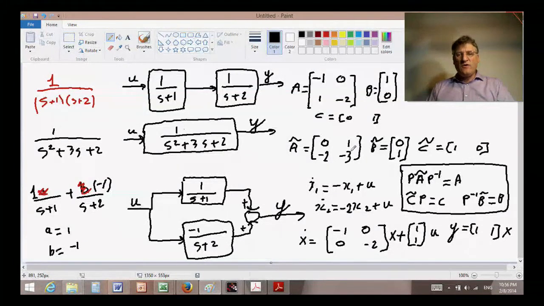The same holds between this matrix A and that matrix A. However, the change of coordinates will be different.